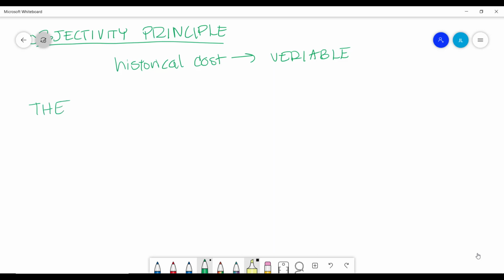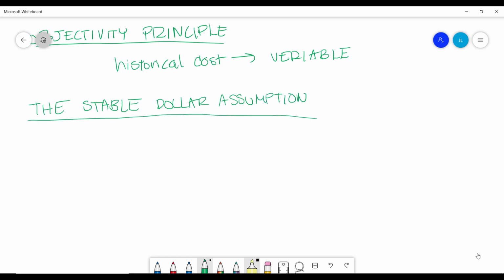Another principle, or assumption actually, is the stable dollar assumption. Okay? So one limitation of us using the cost principle to record assets at historical cost is that monetary units like the dollar are not always stable, right?